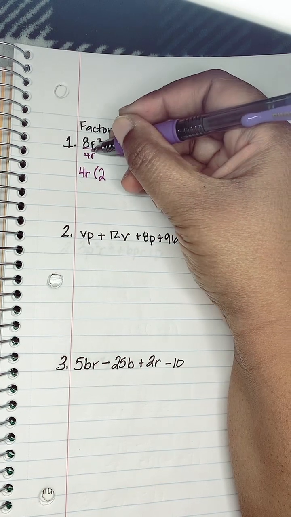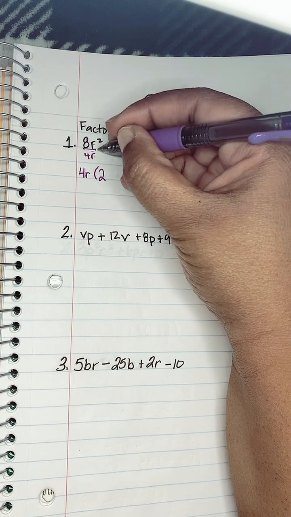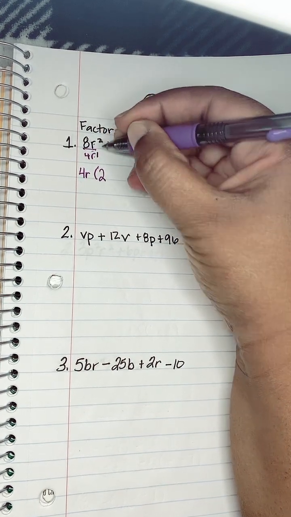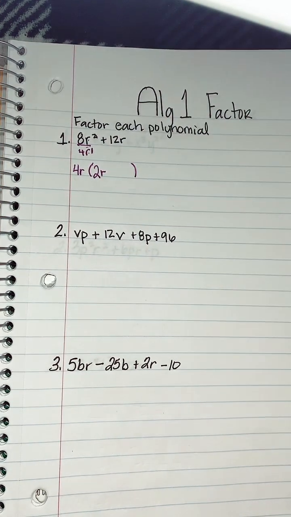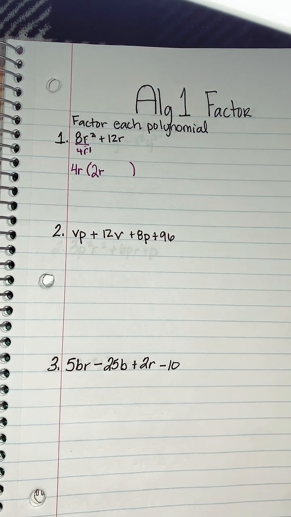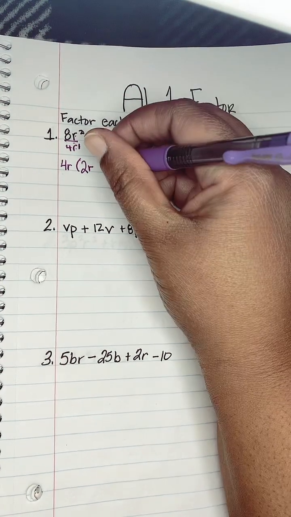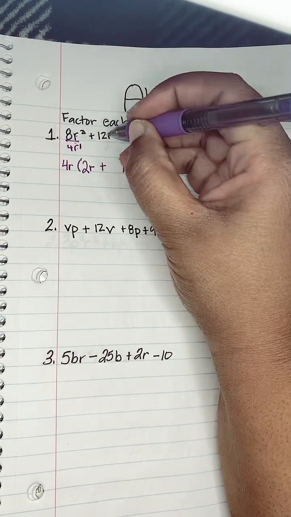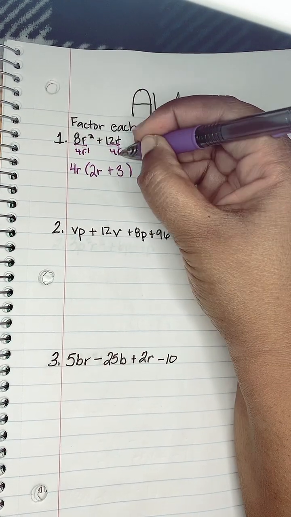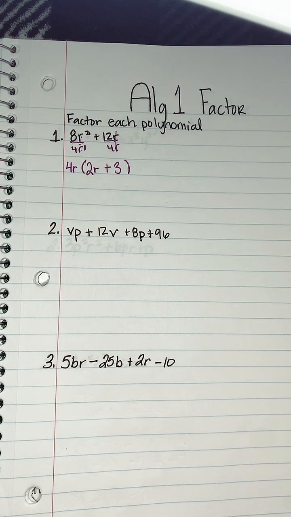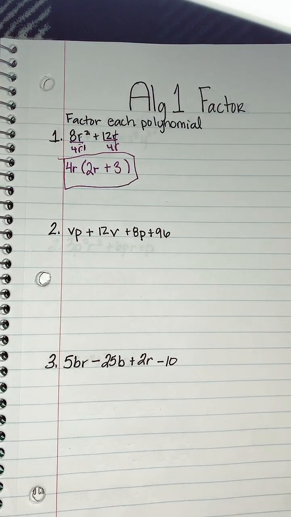And R squared divided by R, remember the rule is when you divide variables, you subtract their exponents. So this will just be R because 2 minus 1 leaves us with 1R. Good. Ethan, 2R plus 3. Beautiful, you guys. Plus 4. So 12 divided by 4 is 3. These R's cancel. And this right here is our answer.